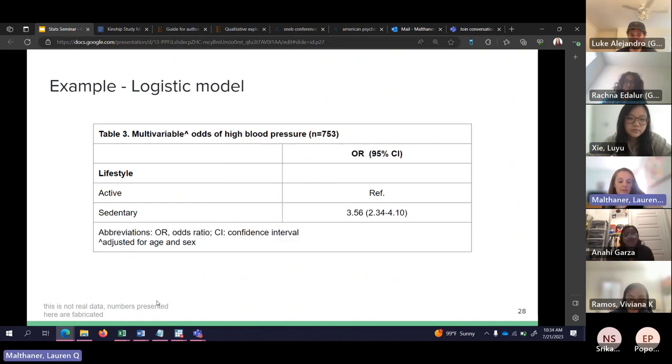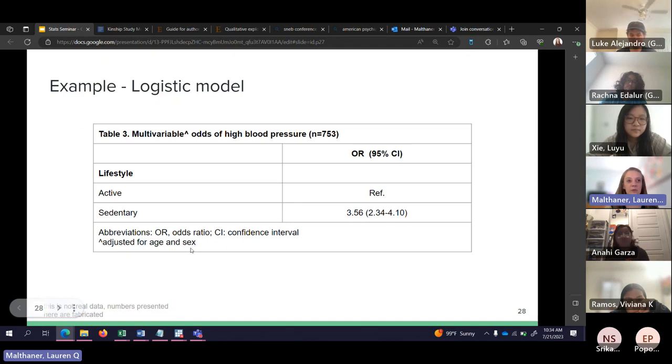This table is similar, but it's just for the results of the logistic regression model. Same thing, we have our sample size. We don't have units because we just have a binary variable of high blood pressure or not high blood pressure. Still have our reference group.